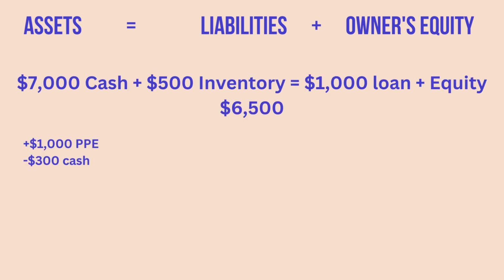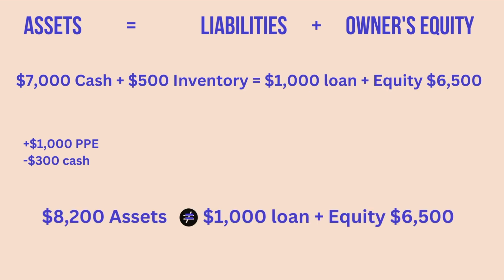Let's say your homemade cookie business purchases baking equipment for $1,000 but only pays $300 in cash, leaving a remaining balance of $700. This transaction will result in an increase to equipment for $1,000 and a decrease to cash for $300. However, since the full payment was not made, the transaction is not balanced, resulting in an imbalance of $700.